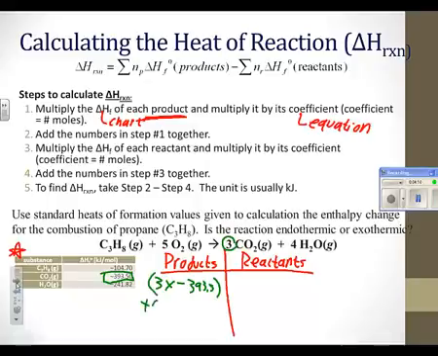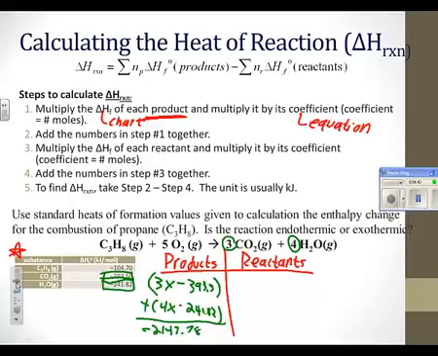Then I'm going to add the next one, 4 H2Os. So 4 times the value from the chart, negative 241.82. Put those in parentheses, and then you sum the heats of the products. That's going to give you negative 2,147.78.